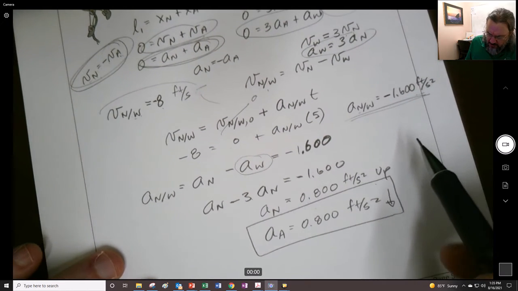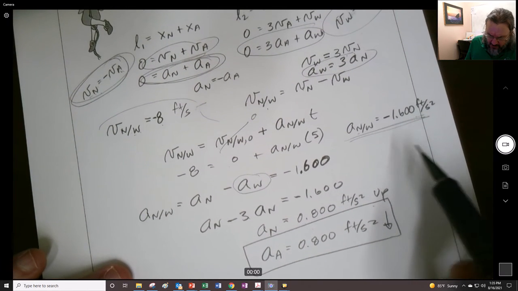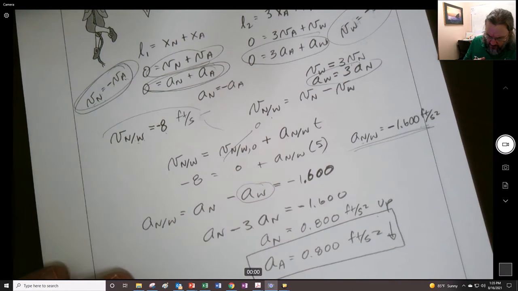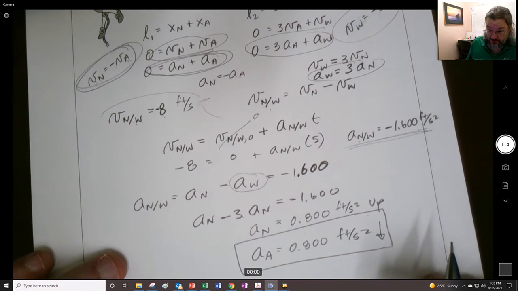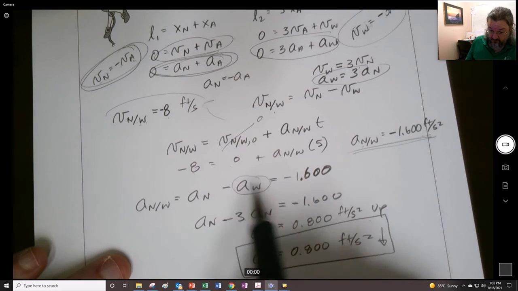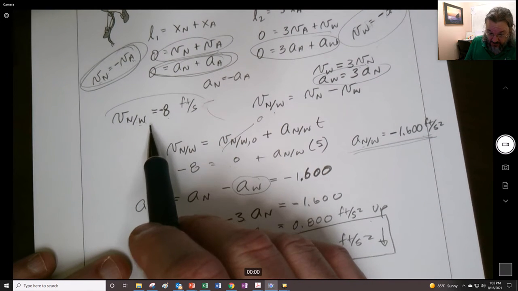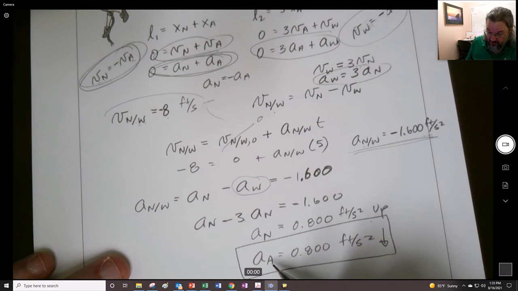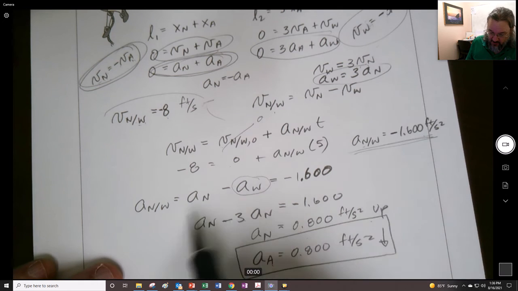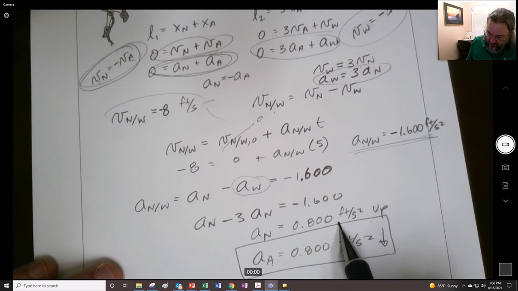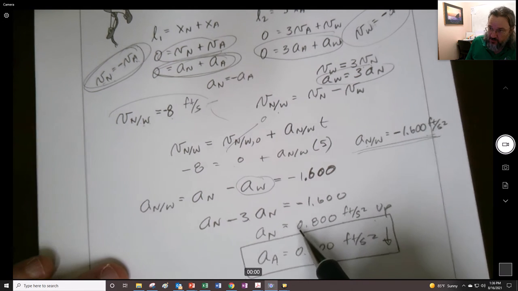Now, we could also go back and find what the actual values are going to be, because they're just relations. The kinematic relations here. We could just say, if we know the acceleration of A, we know the acceleration of Newt dog. Let me say, we know the acceleration of Newt dog, therefore we can find what its velocity is going to be, because it's also constant, right?